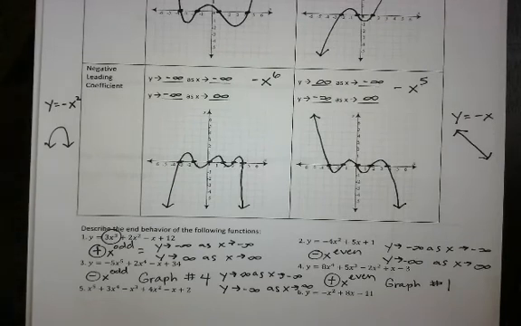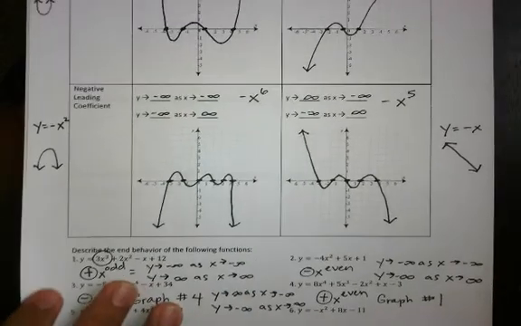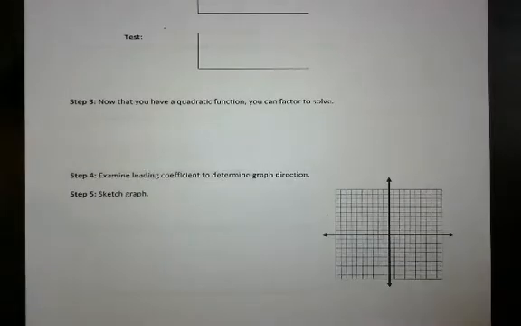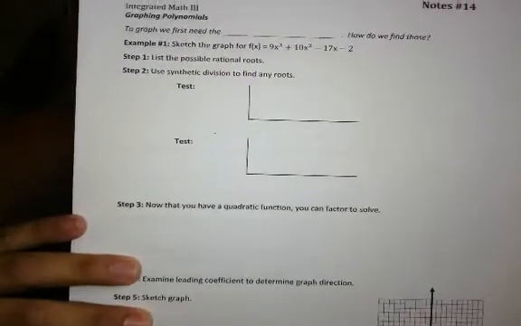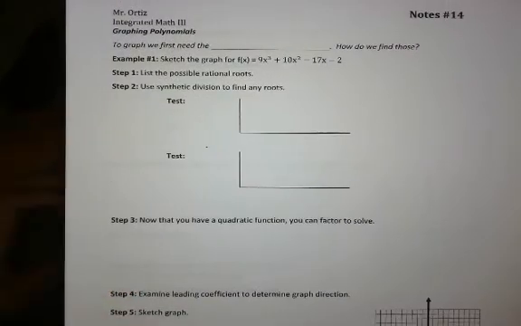These are the exact same as graph number 1. Okay? So that's pretty much how you decide end behavior. You follow those steps so that you can figure out that information. This was quite a bit of information to take in, but you will catch on. You will have a lot of practice to do on Delta Math. So this is just one part of what we have to do today.